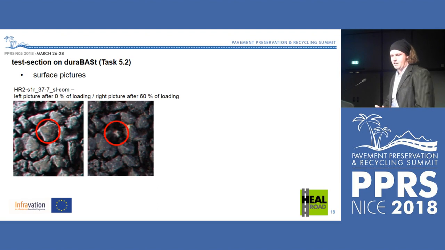If I now go to the surface pictures to find the exact position where the stones are coming from, something like this happened. There was a stone before we started loading, and after 60% of loading, the stone was gone. So it is very easy to say that the loading process with the MLS was fruitful and had an impact on the surface.